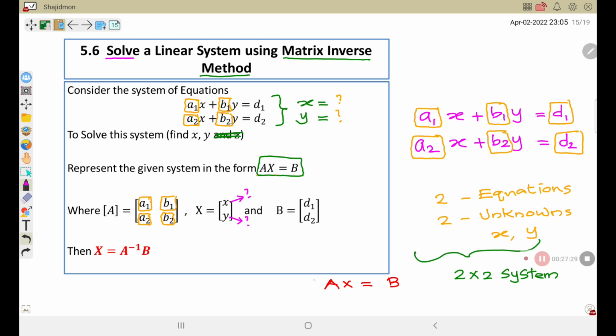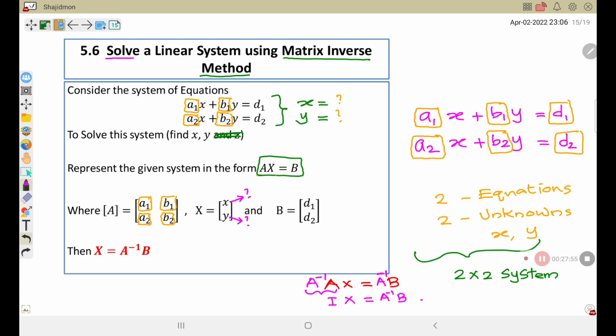Correct? So in this equation, just left multiply both sides with A inverse. You know how to find the A inverse. So what happened? A inverse multiplied by A is the identity matrix I. Ix equal to A inverse multiply B.